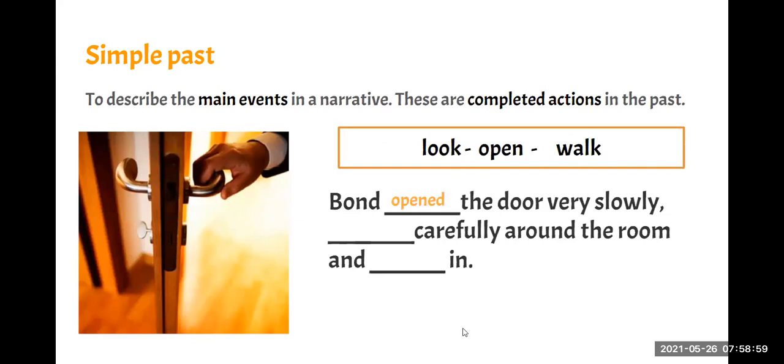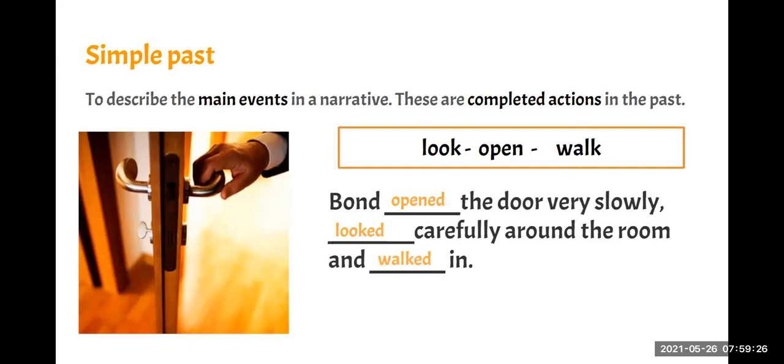Opened the door very slowly. Then we have look carefully around the room. Looked. Looked carefully around the room. And walk in. Walked in, right? Very good. So when we are describing main events in a story, we use the simple past.